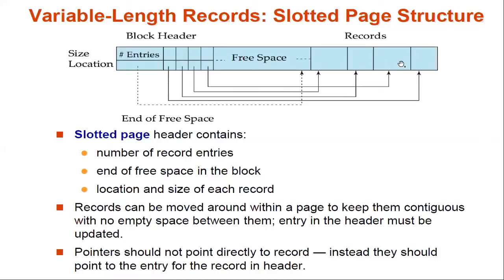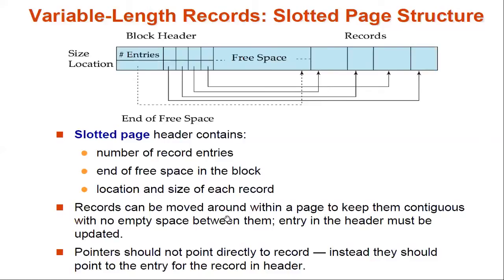This is what we call free space management. Whatever free spaces are available after deleting a record will be combined with the already existing free spaces. This will also be done in variable length records.